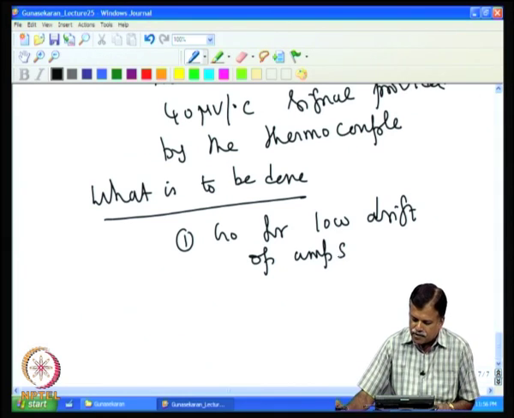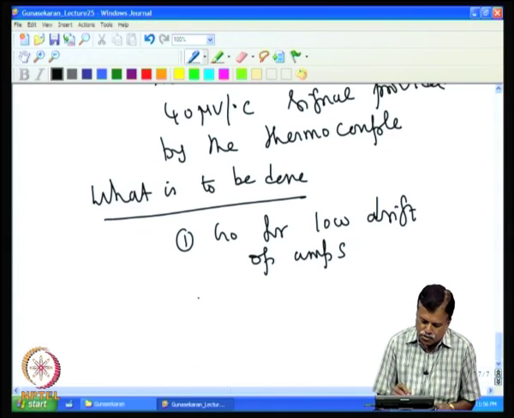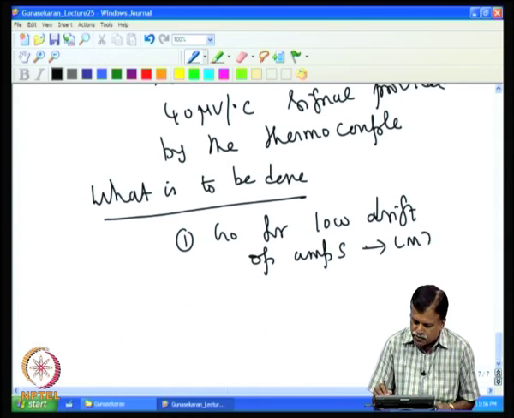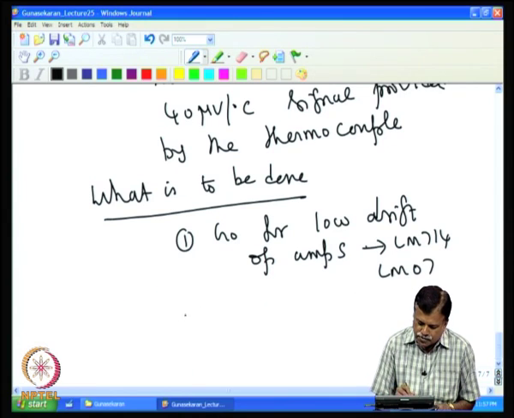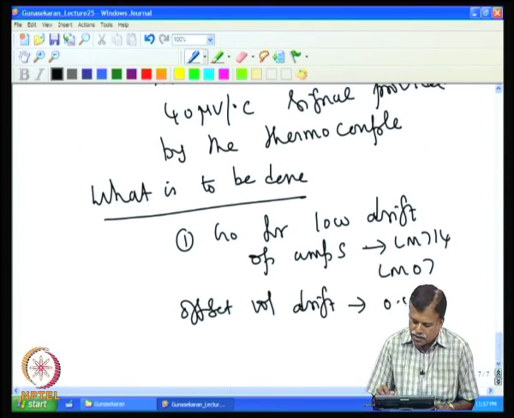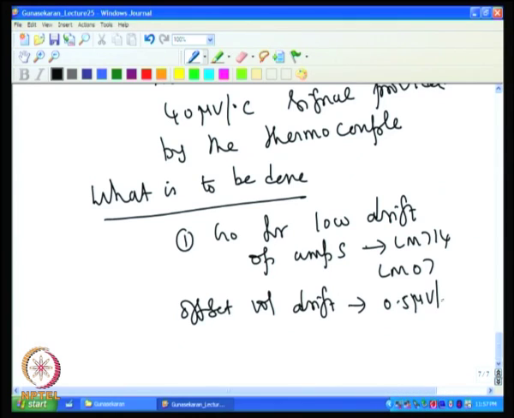For example, we have LM714, LM07. They provide offset voltage drift as low as 0.5 microvolt per degree C.